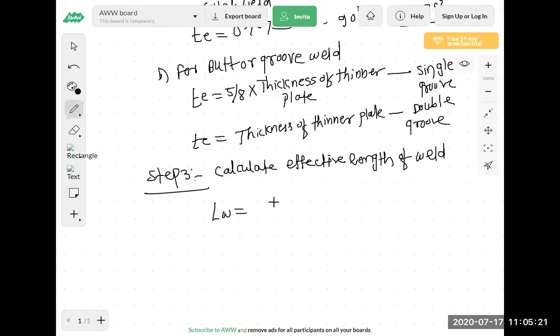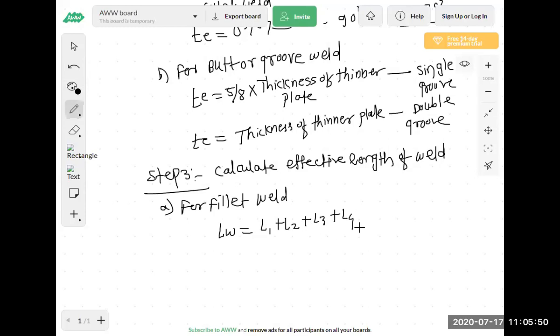Before that, small a for fillet weld. For fillet weld, how to calculate effective length? LW is the effective length. It is calculated by L1 plus L2 plus it may be L3 plus L4. There may be four sides of the joint.